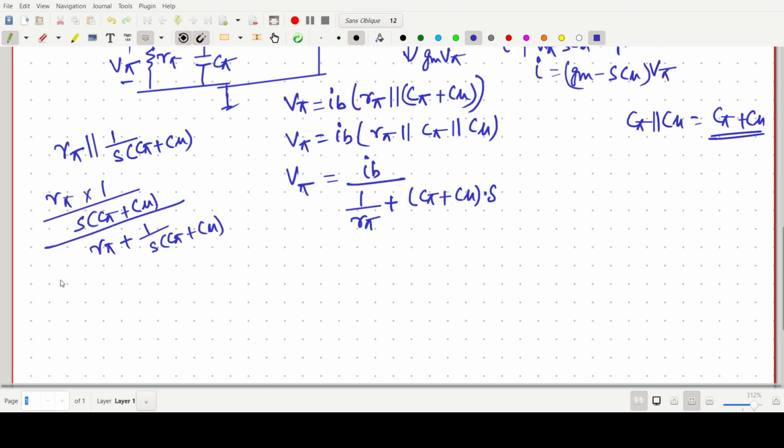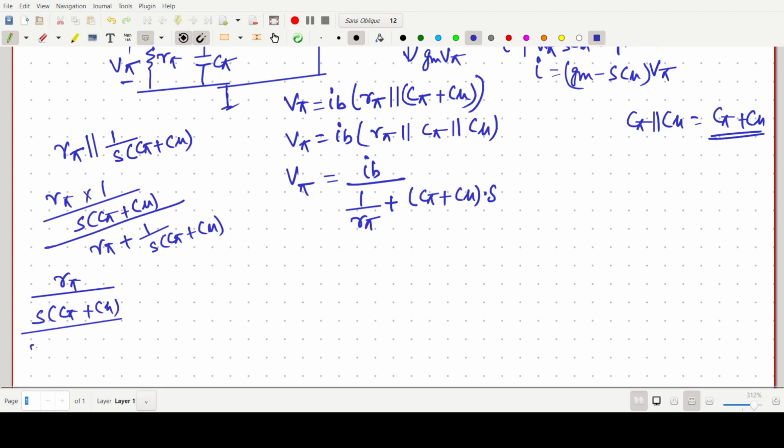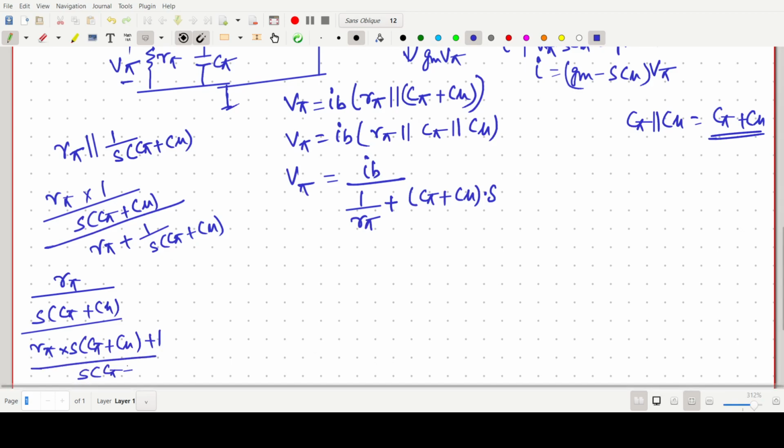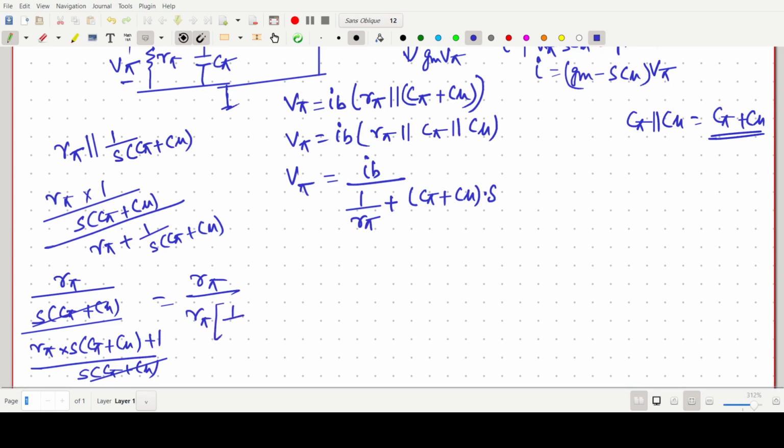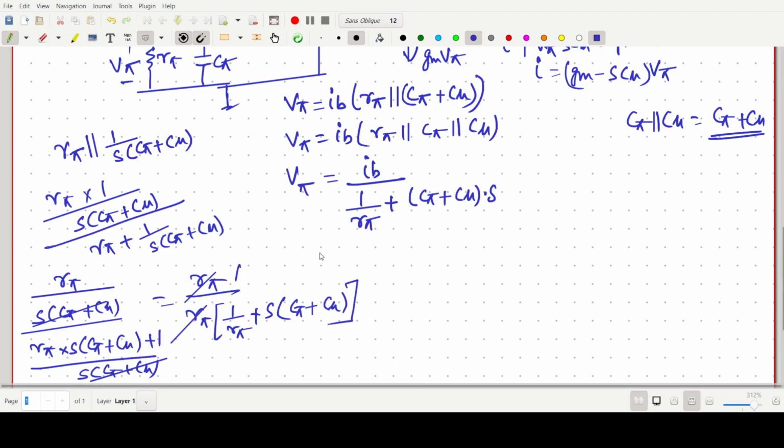So this should cancel out, and if we take R pi common here and from this one, it should be 1 by R pi plus S C pi plus C mu. I am writing that directly here, so this can be written as this one.